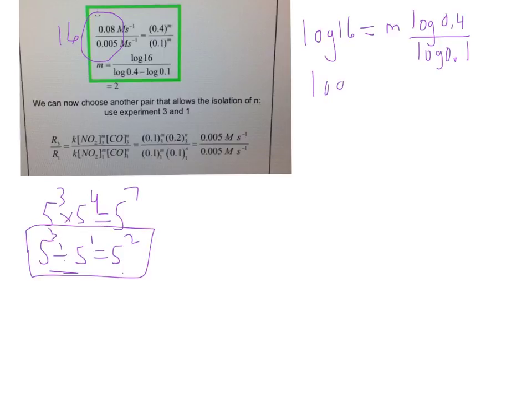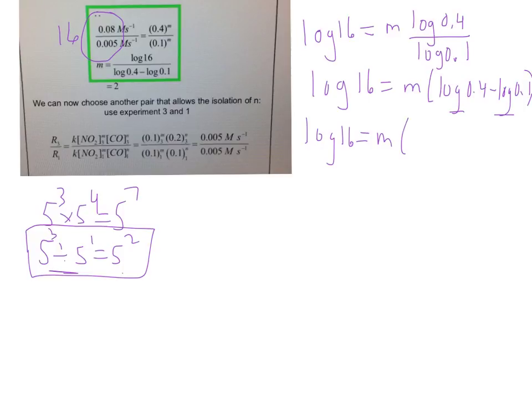And so log 16 equals m times log 0.4 minus log, I've got to squeeze it in here, 0.1, okay? If you work that out on a calculator, you have to grab the calculator at this point to get those logs. These are both base 10 logs because we took the log.